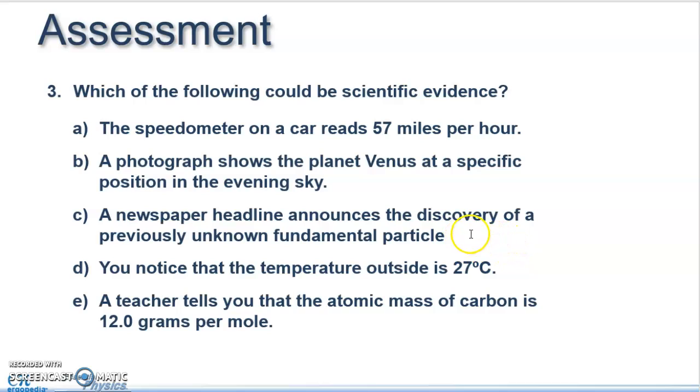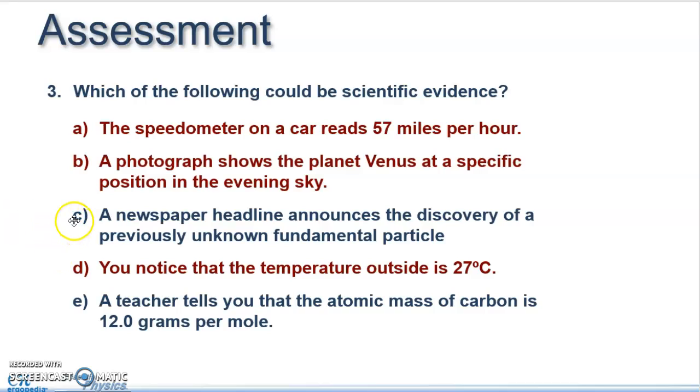Newspaper headline announces the discovery of a previously unknown fundamental particle. You notice that the temperature outside is 27 degrees Celsius, and a teacher tells you that the atomic mass of carbon is 12 grams per mole. All right, so the scientific evidence, these things.